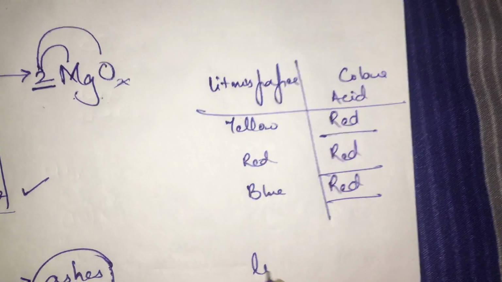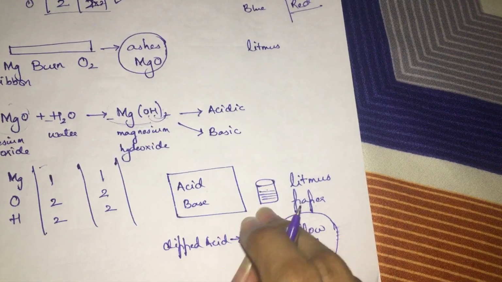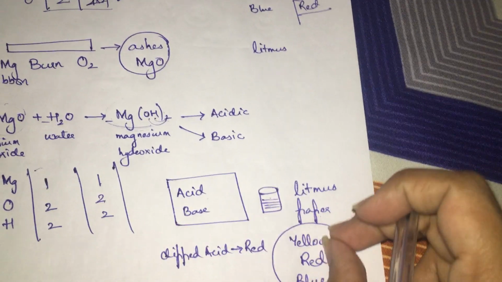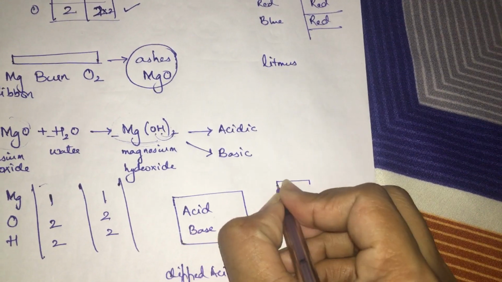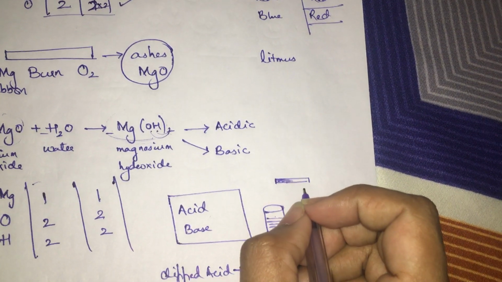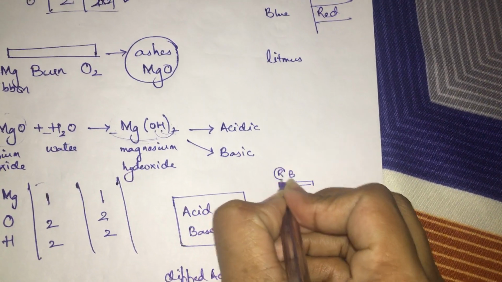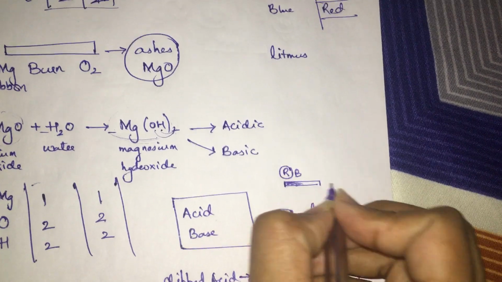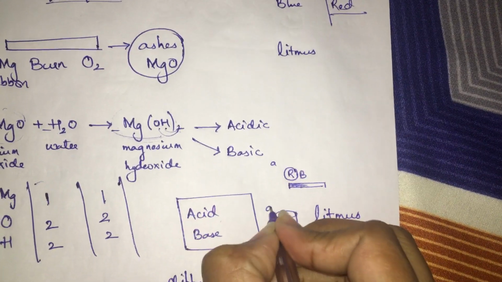Okay, suppose I don't know what liquid this beaker is having, I'm checking. So I took the litmus paper and dipped it in. Now that litmus paper changed the color, maybe some color came on this one. Now I need to see if it is red or blue. If it is red, though the litmus paper was also red, this liquid is an acid.